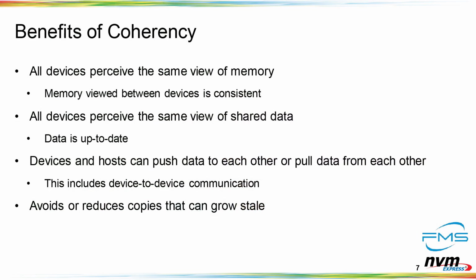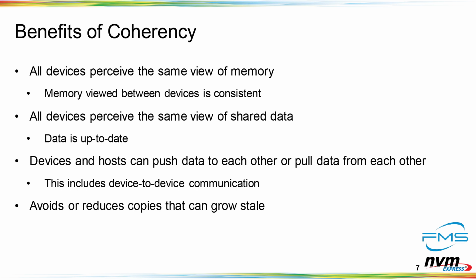Just to level set some general benefits of coherency, as I've spoken about coherency a lot and bringing that to subsystem local memory. First of all, devices perceive the same view of memory with coherency. We have memory that is viewed as consistent between the devices, and that's what we want. All devices perceive the same view of shared data, so all the data is up to date. We don't have stale copies.